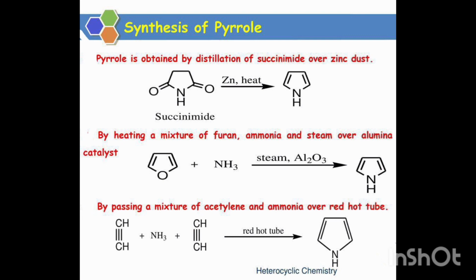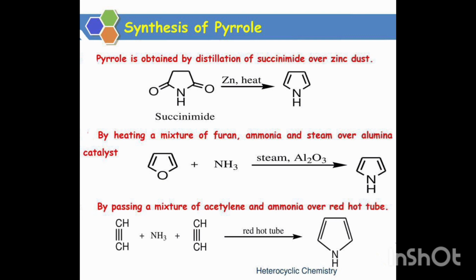Pyrrole is also formed by heating a mixture of furan, which contains oxygen in a five-member ring, with ammonia and steam in the presence of an alumina catalyst, that is Al2O3.